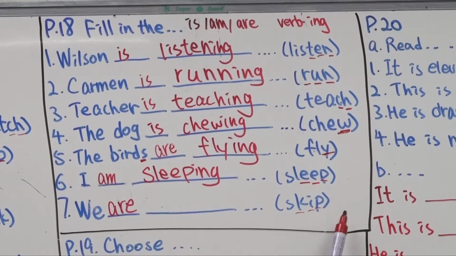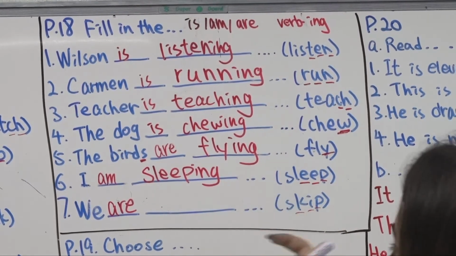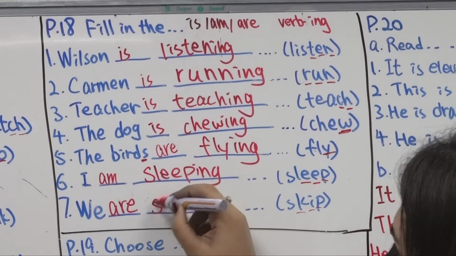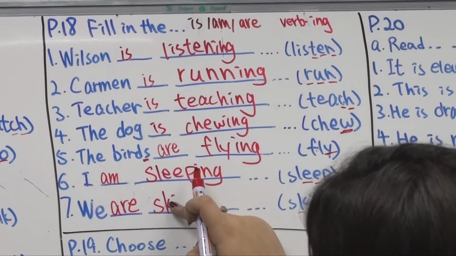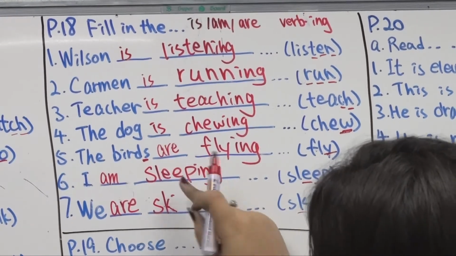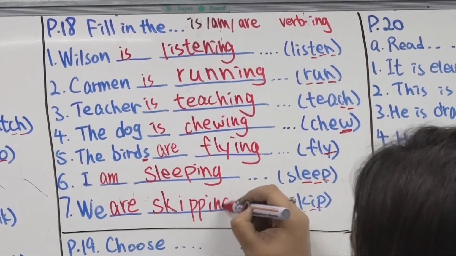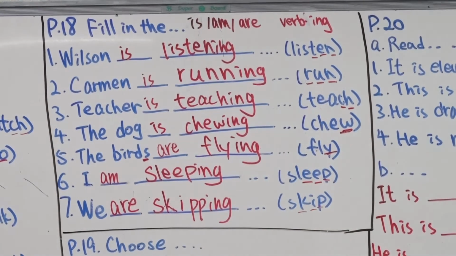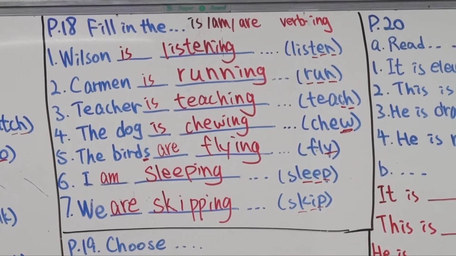Skip, so that's why it has stress. So skip becomes skipping. We double the last letter here. Okay? Skipping.